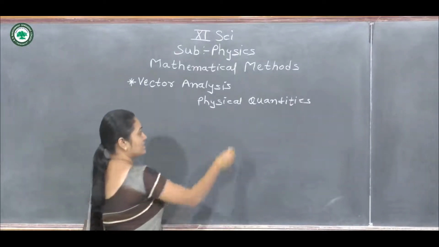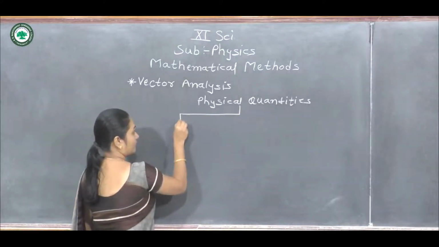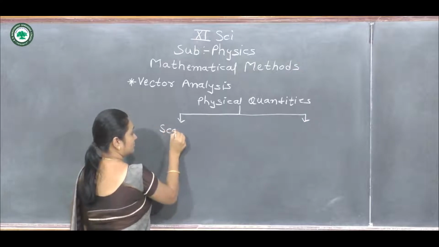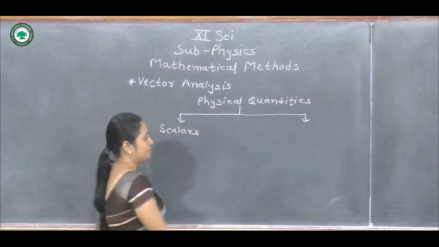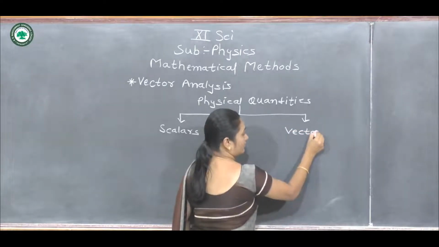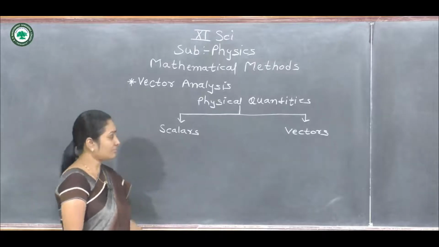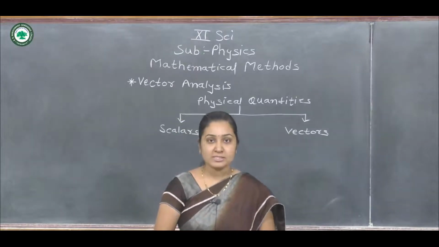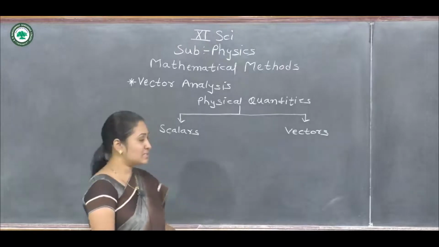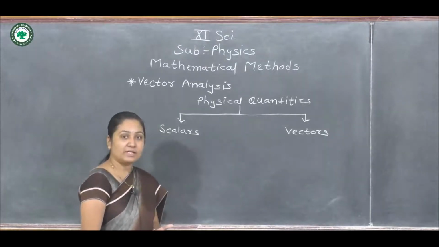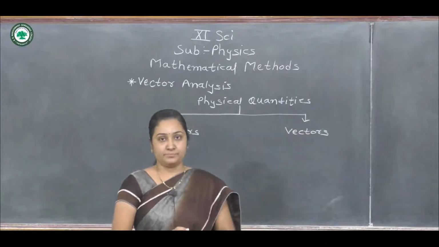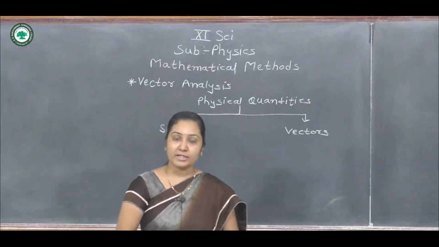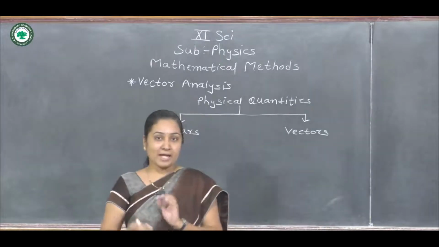In case of scalars we are representing the physical quantities in magnitude only, and in case of vectors we are representing the physical quantity in magnitude as well as its direction.